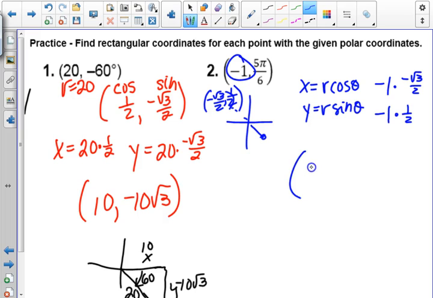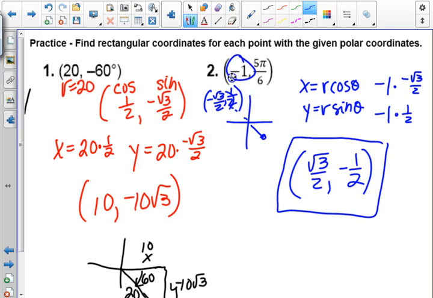So we get positive square root of 3 over 2 and negative 1/2. Did it take care of itself and give us a quadrant 4 number where we knew we needed to be? Yes, right? Square root of 3 over 2, negative 1/2. We good? Yes, you could have changed this to positive 1 and 11 pi over 6 and it would have done the same thing.